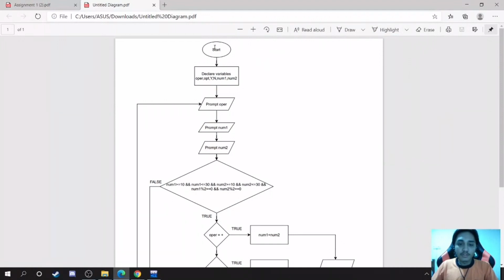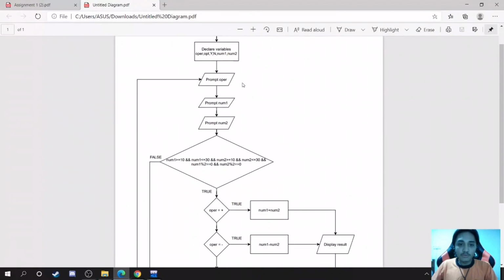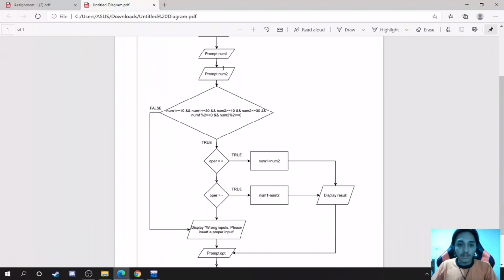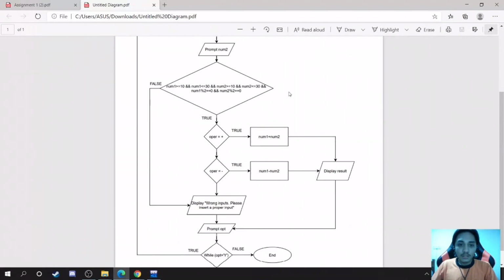So first the program will start, and then declare the variables such as the operation, option, characters y and n, number 1 and number 2, and then we will prompt the user for the operation that they want to use, and then prompt number 1 and number 2 for the calculation, and then it will follow this particular decision.